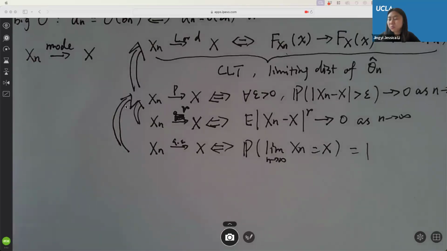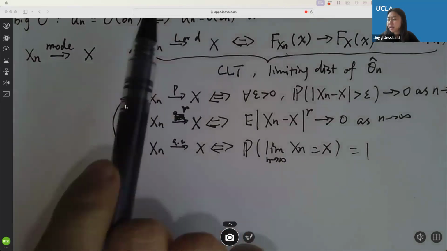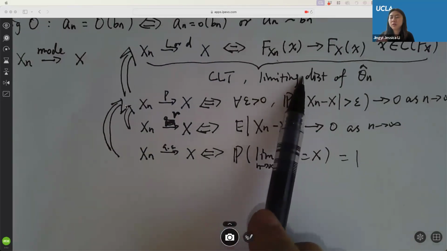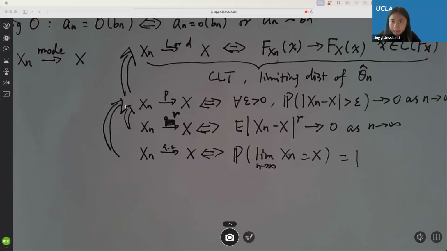But actually for what we are talking about here, the limiting distribution, this is the most widely used way of asymptotics, just to give you a closed form to work on.